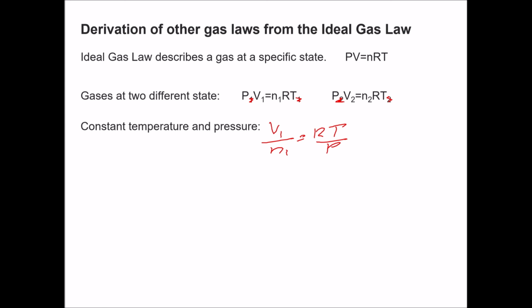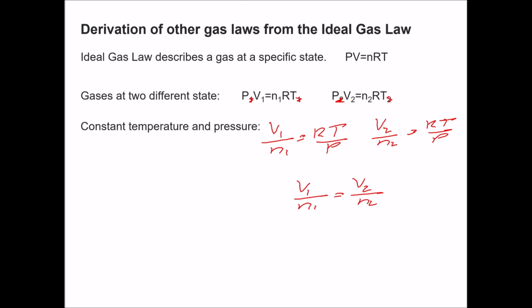I'm going to do this for the other side as well. V2 over N2 equals RT over P. Since I got two expressions with the same constant, they will relate. And now we're talking about a relationship that we don't really use too much in chem, at least in the beginning, in gas laws, a relationship with volume and the number of moles.